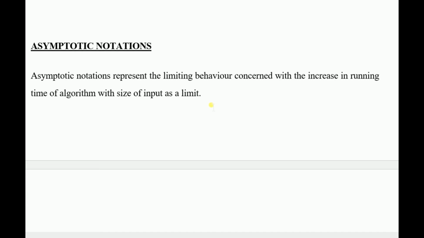That means when we go on increasing the input, the resource time increases, and we have to find out how much resource time is required as the input increases. To find that out, there are notations, and we call them asymptotic notations.